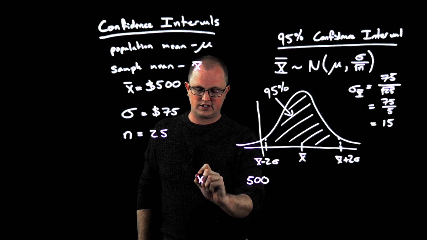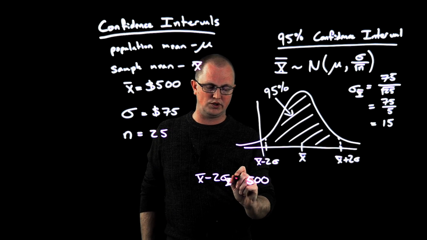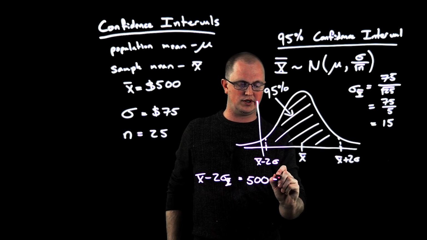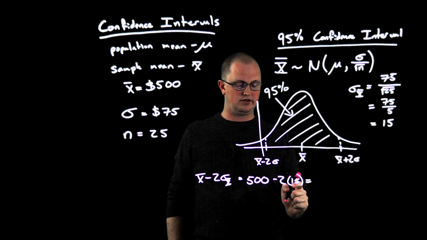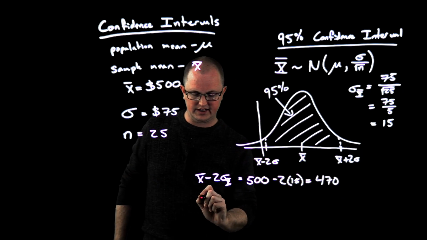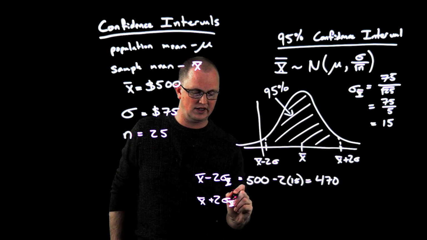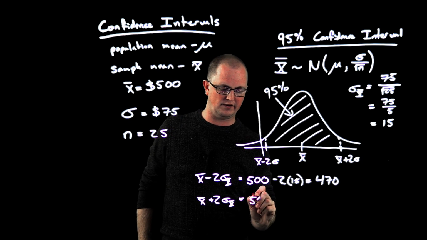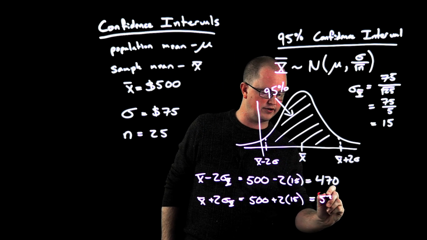So this is X bar minus 2 times the standard deviation of X bar, which is $500 minus 2 times $15, or $30, so this is going to be $470. And X bar plus 2 times the standard deviation of X bar is $500 plus 2 times 15, or $530.